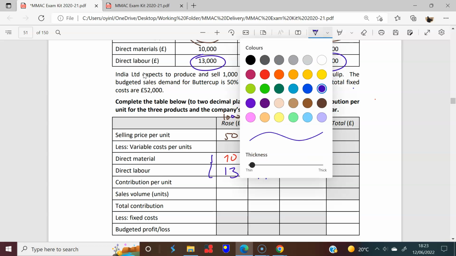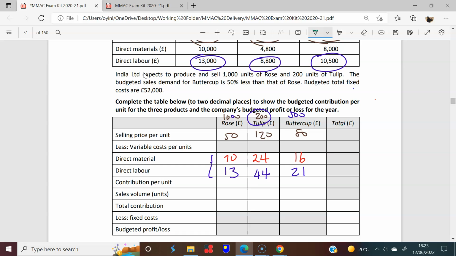So you will have a contribution here of 27, here of 52, and here of 43.